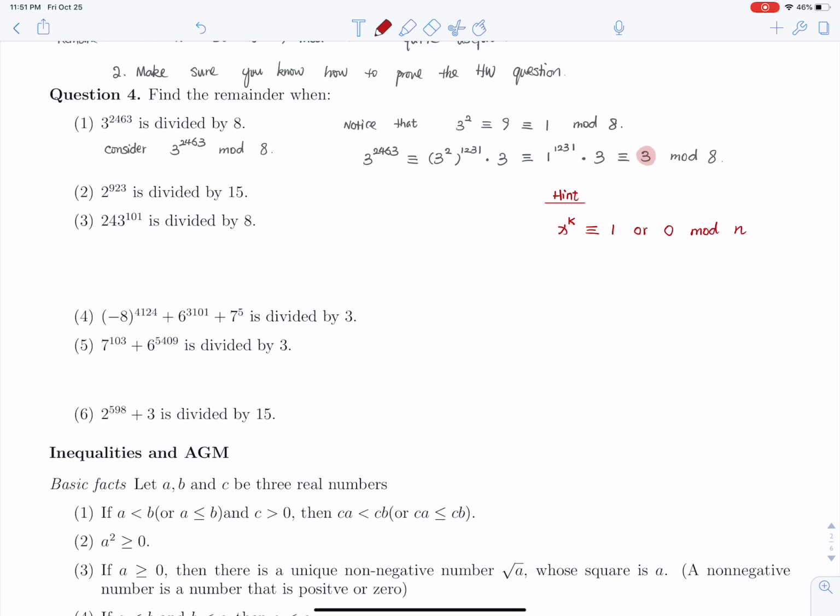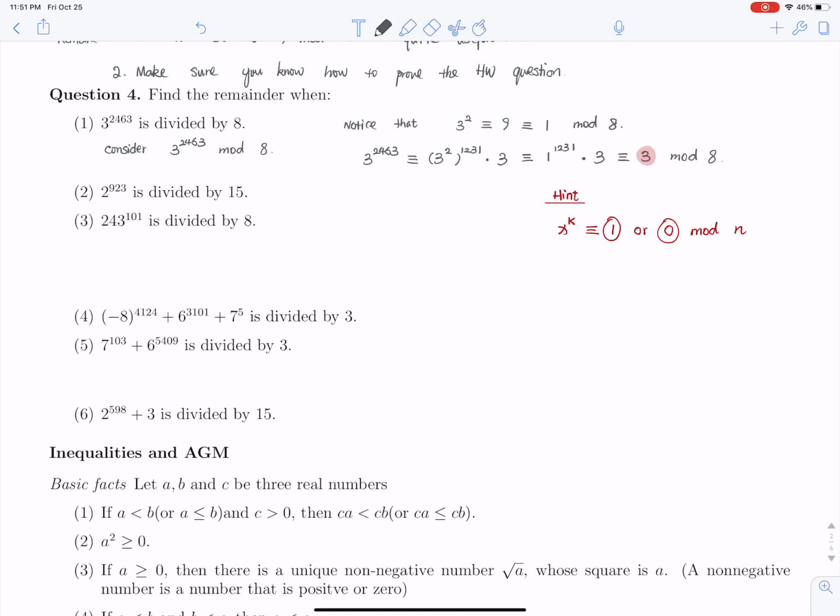Because in this case, we know that 1 to the power of anything is 1, 0 to the power of anything is 0, which will make your life much easier. You'll see how powerful this can get.